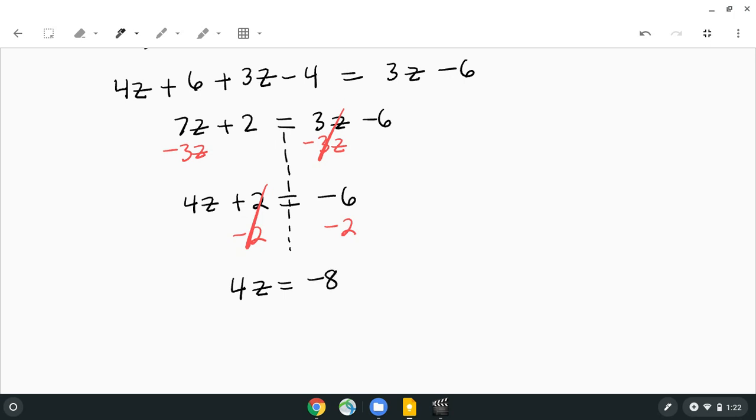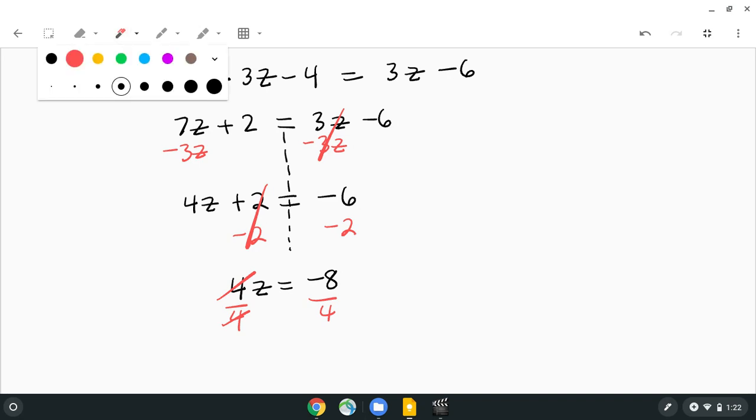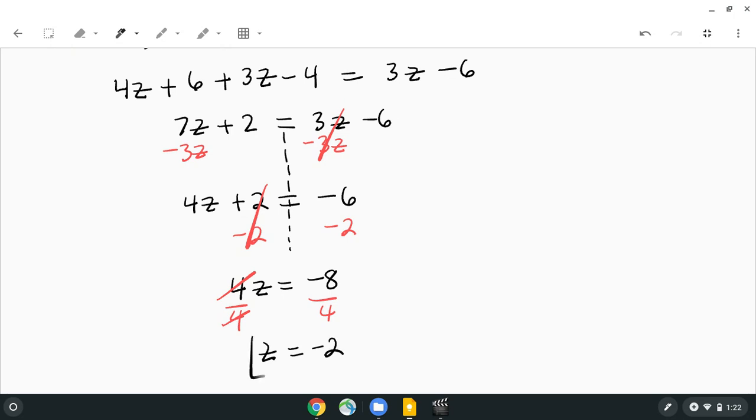Divide both sides by 4, and you should get -2. Okay, z equals -2. All right, and that is it.